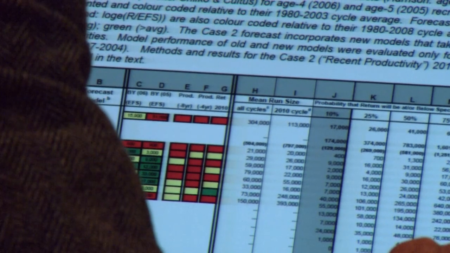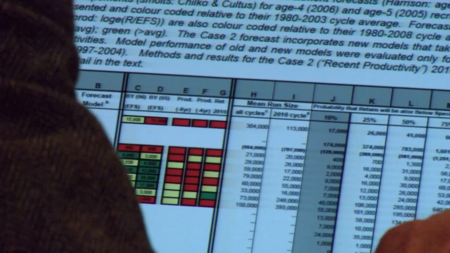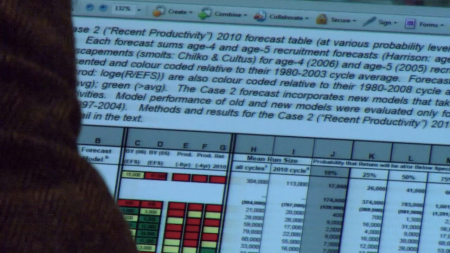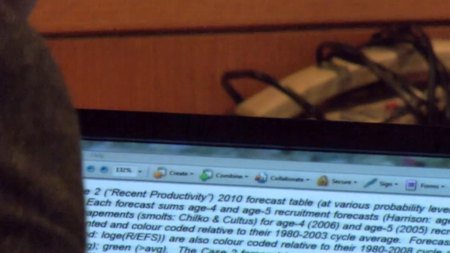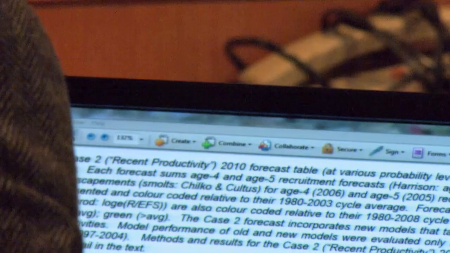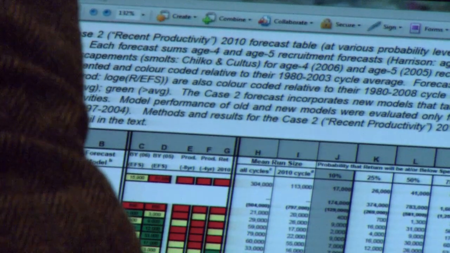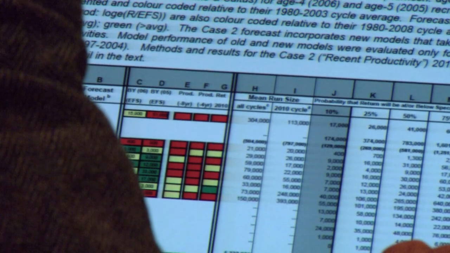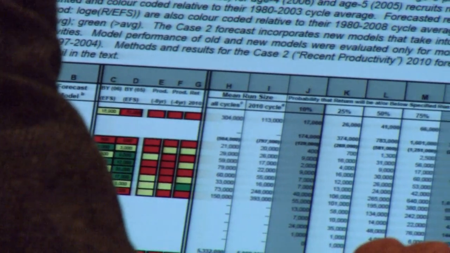Based on time series averages for each individual stock, we created a distribution of brood year escapement, or in the case of columns E and F, a distribution of productivity in the last time series, and a distribution of returns. And we broke that into 3 categories.